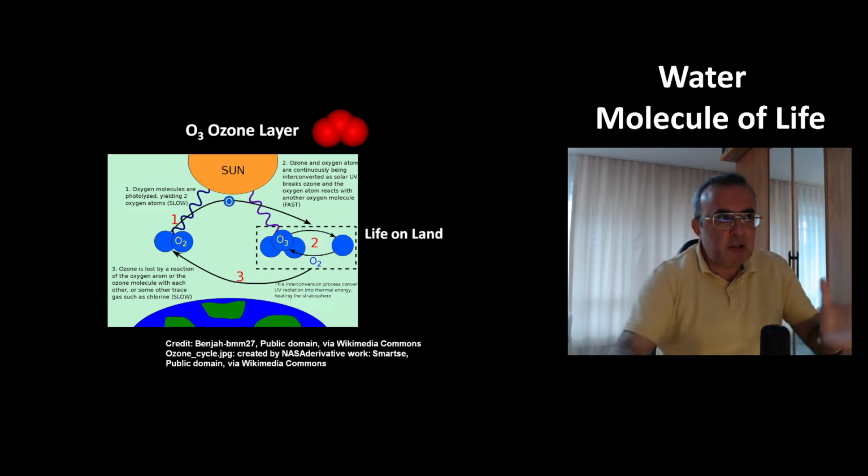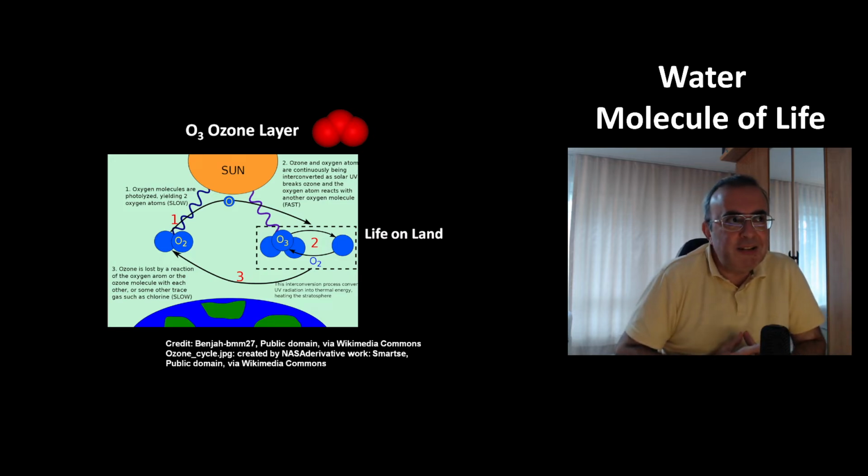And this diagram shows how this works. Oxygen molecules, O2, absorb UV photons. They get broken up into oxygen atoms. And the atoms react with other O2 molecules and form O3 molecules. And the ozone molecules, O3, can also absorb UV photons, and they are broken up, and you get back O2, oxygen.